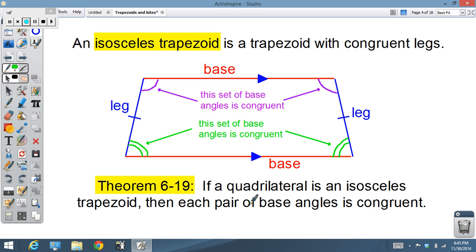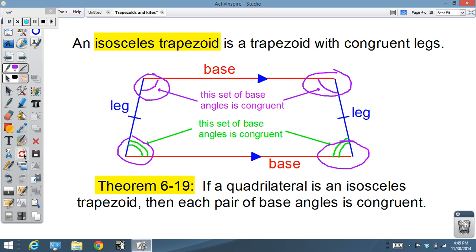All right, that is, an isosceles trapezoid is a trapezoid where the legs are congruent. Okay, so this leg and this leg would be congruent, and what that means is that each set of base angles is congruent to one another. So here, on the bottom, this set of base angles, those two are congruent to one another, as are this set of base angles.